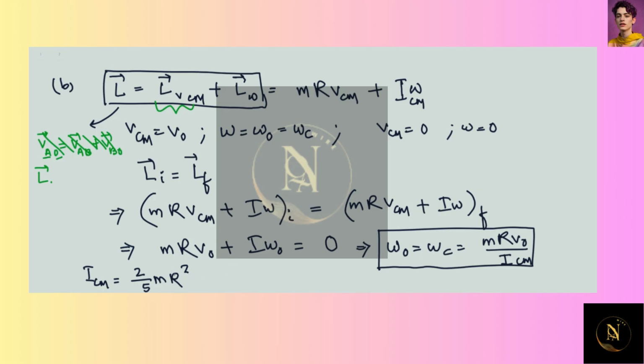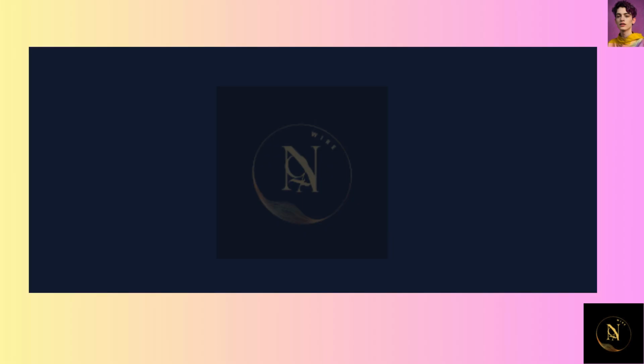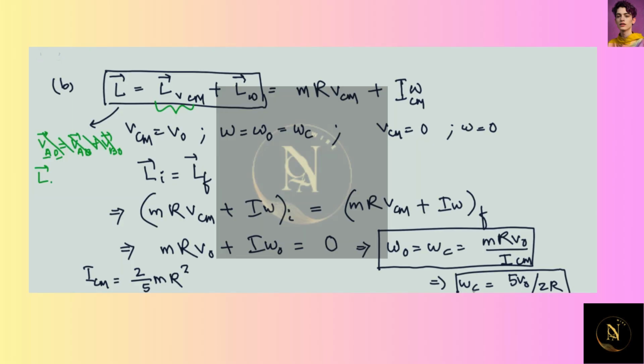Now plugging this expression over here, you'll find omega c to be equal to 5 v naught over 2r. And this is the expression of omega c that we will be using in the further parts of the problem. So this is the answer.